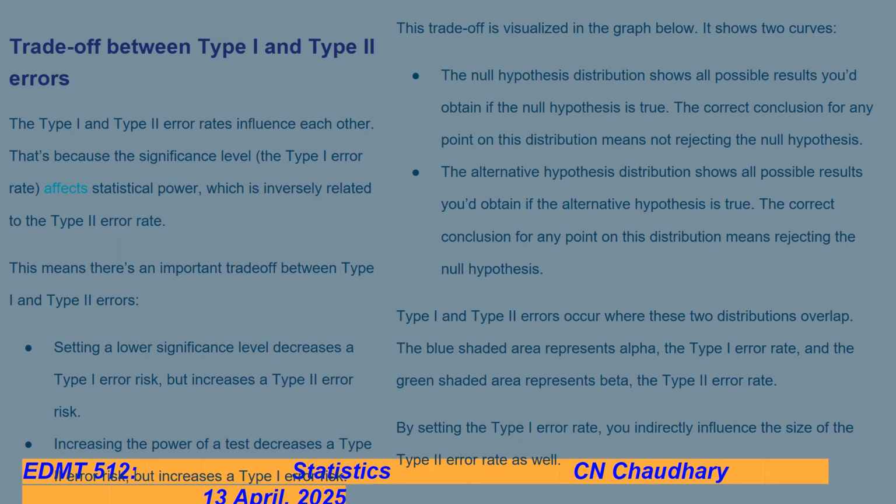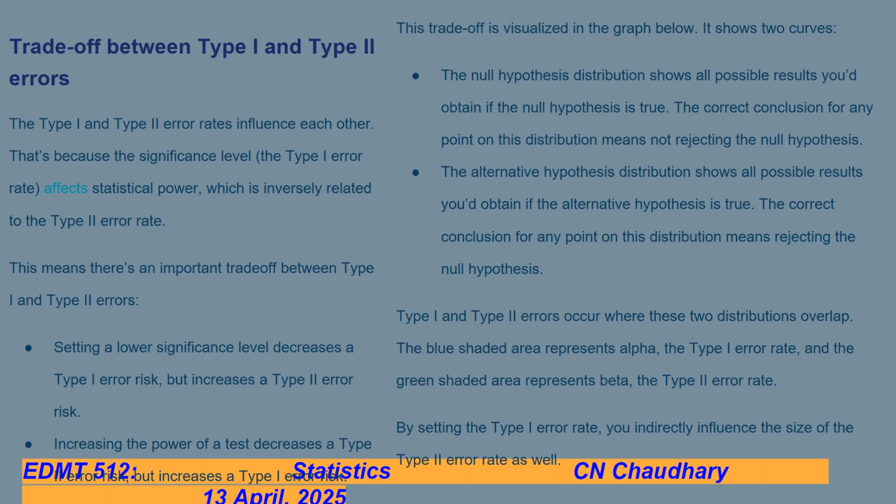Trade-off between type 1 error and type 2 error. The type 1 and type 2 error rates influence each other. That is because the significance level, the type 1 error rate, affects the statistical power, which is inversely related to the type 2 error rate. This means there is an important trade-off between type 1 and type 2 errors.